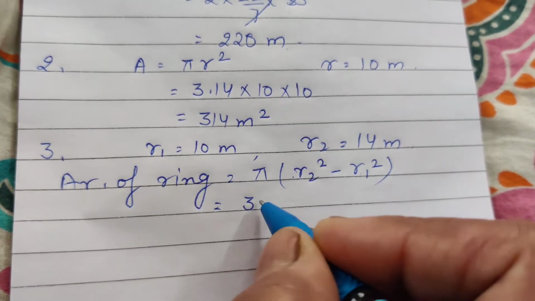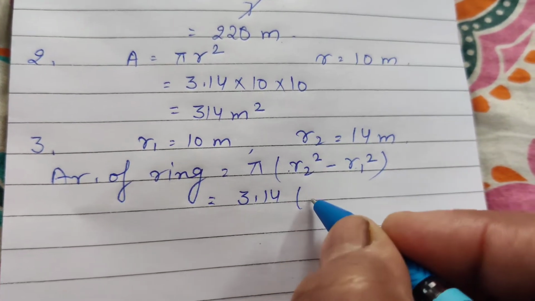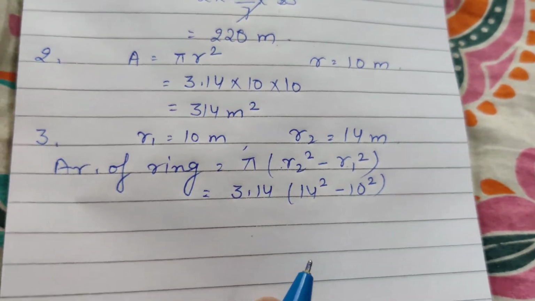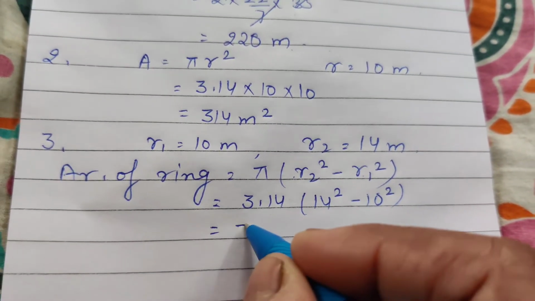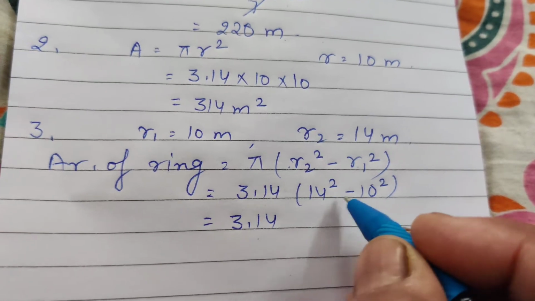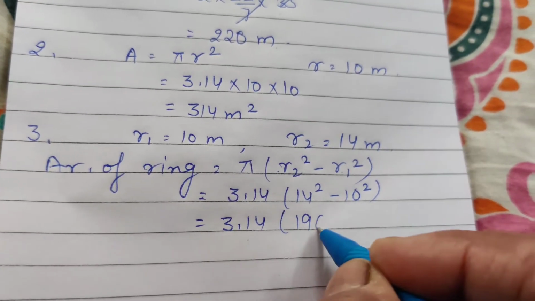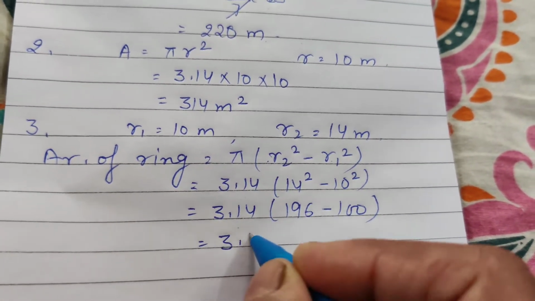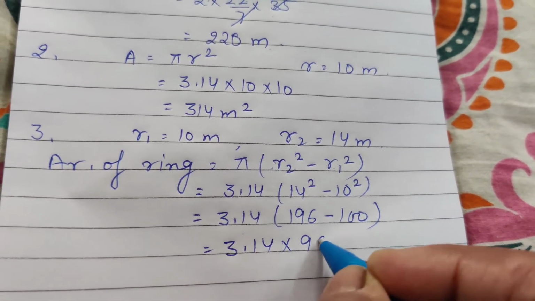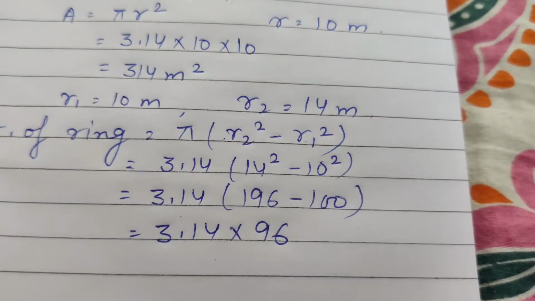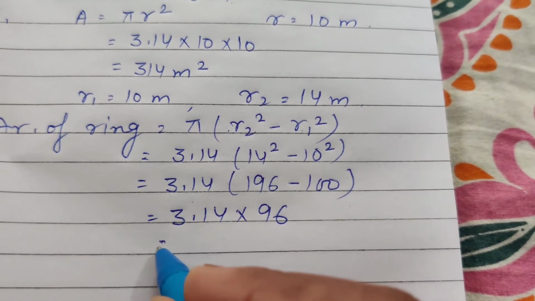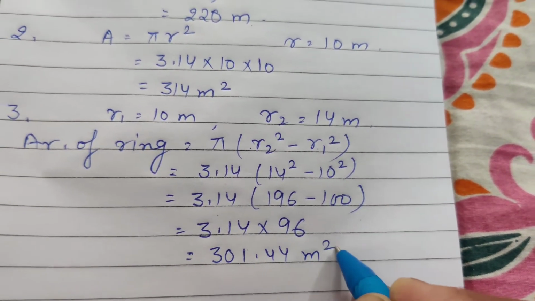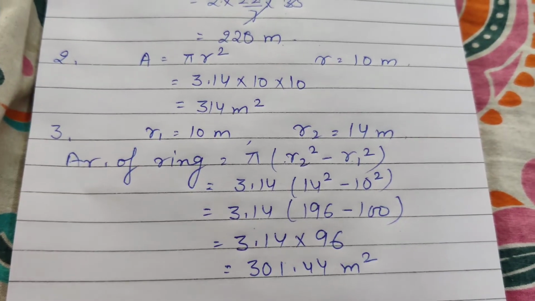So we can use 3.14 into 14 square minus 10 square. 3.14, 14 square is 196 minus 100, 3.14 into 96, which is equal to 301.44 square meter.